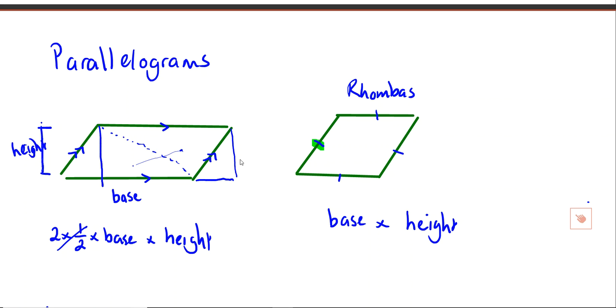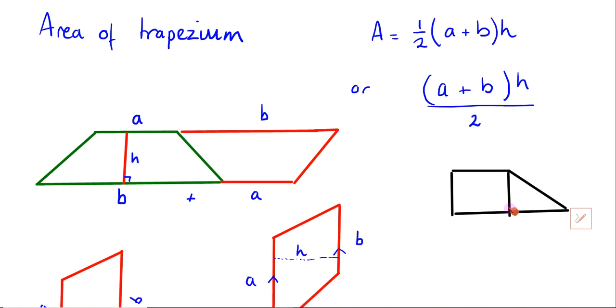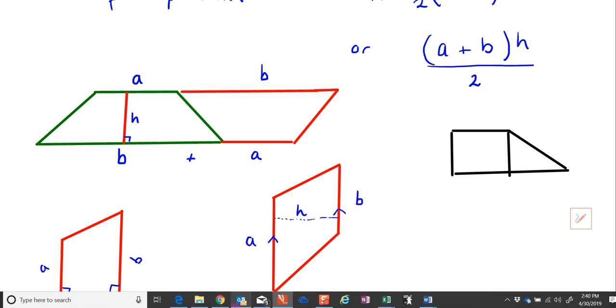But the formulae that are given in your formula books are based on how they are created. Okay, so we've got that, and you've now got the area of a trapezium and what different trapeziums look like.